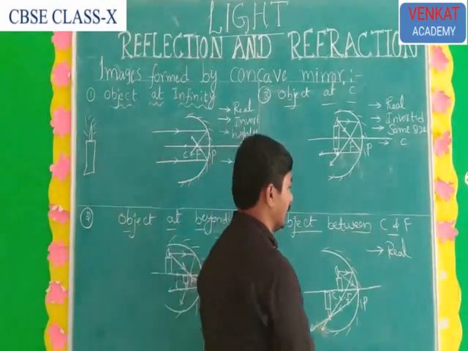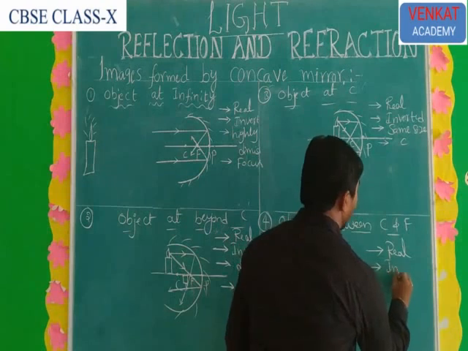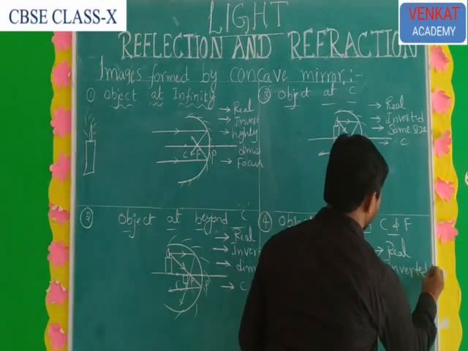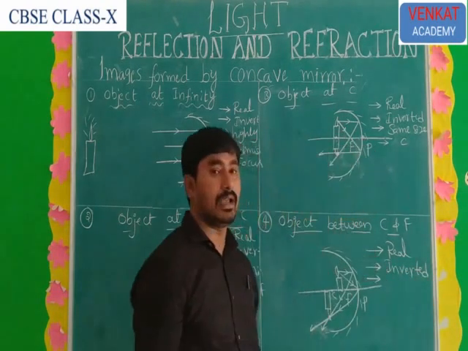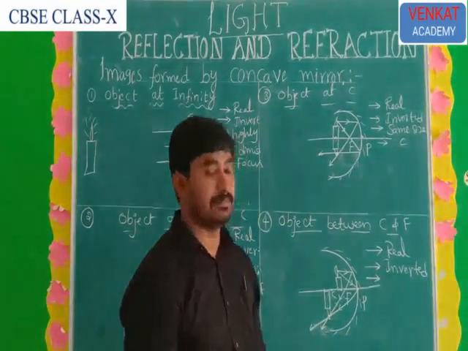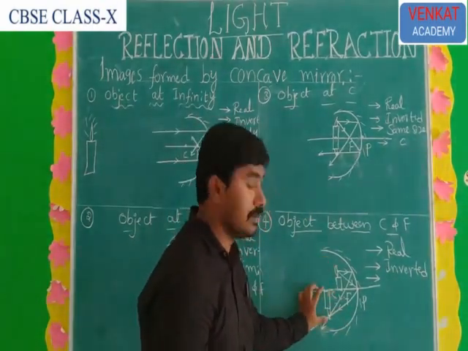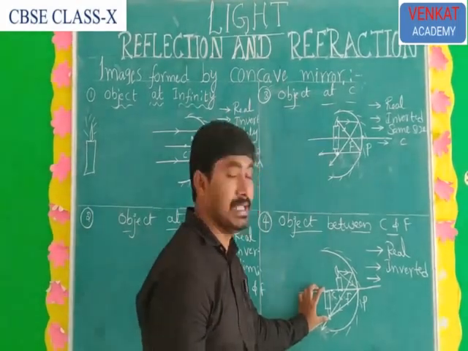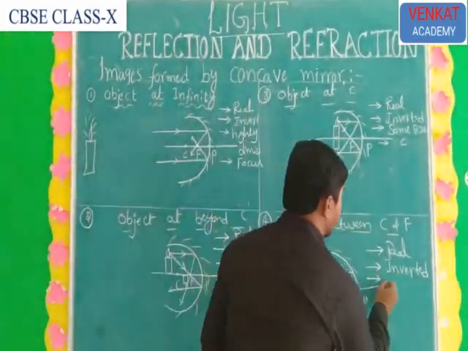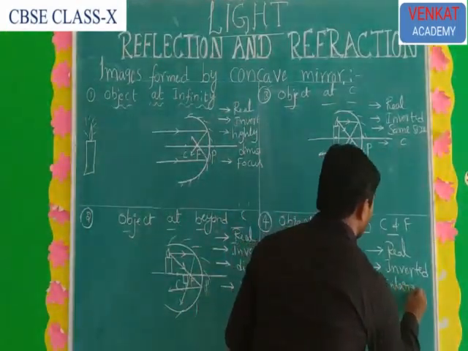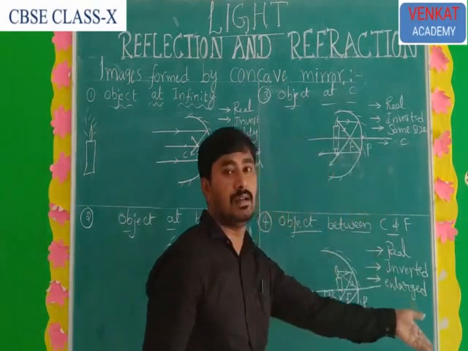That is why it is a real image. A real image must be inverted. Next, what about size? Compared to the object, the image is somewhat bigger, means it is an enlarged image. Enlarged means the size of the image is somewhat more than the object.